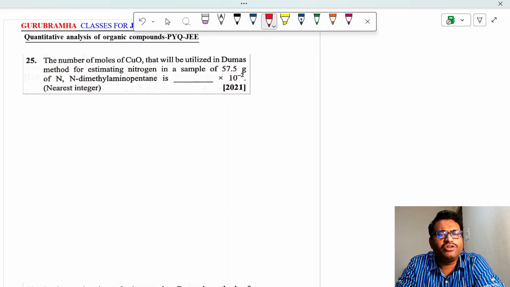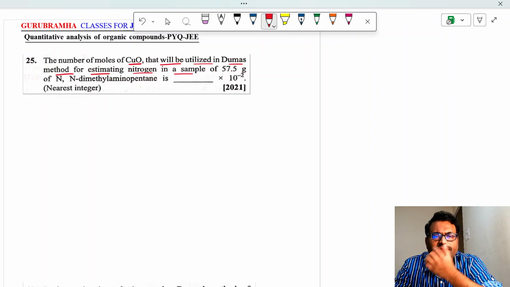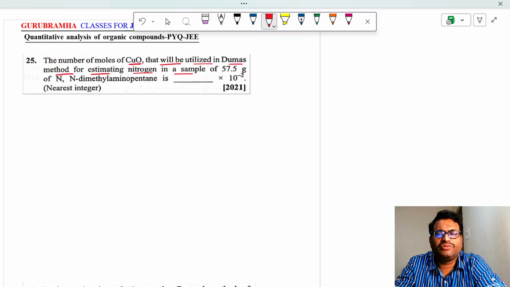The number of moles of cupric oxide that will be utilized in the Dumas method for estimating nitrogen in a sample of 57.5 grams of N,N-dimethyl aminopentane. Okay, let us see here. First write aminopentane, you can also write pentane amine.